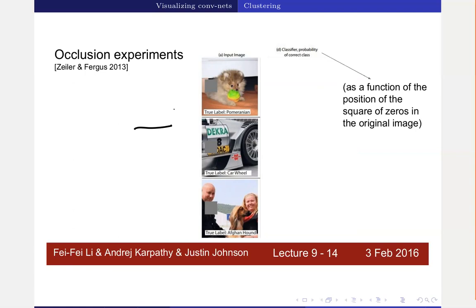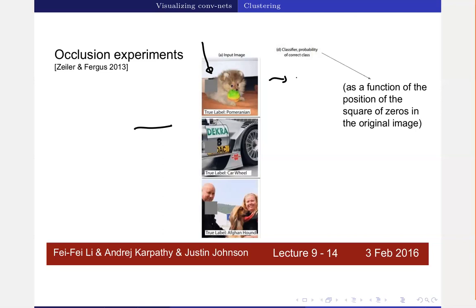A simple idea, back in 2013, is that the authors thought, okay, a very simple idea would be to mask some part of the image. Let's say I have an input image here, and I'm going to classify this as a dog, right? There will be some score, the dog score.